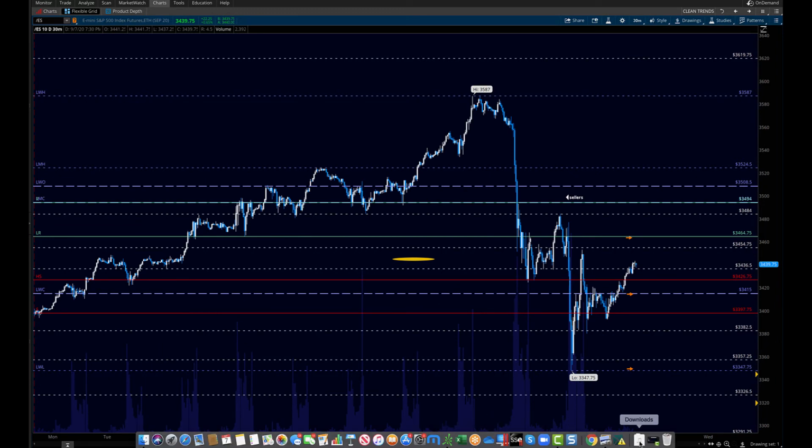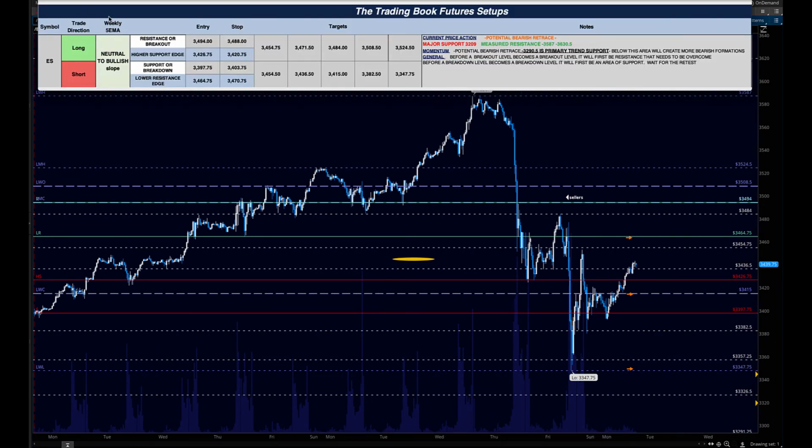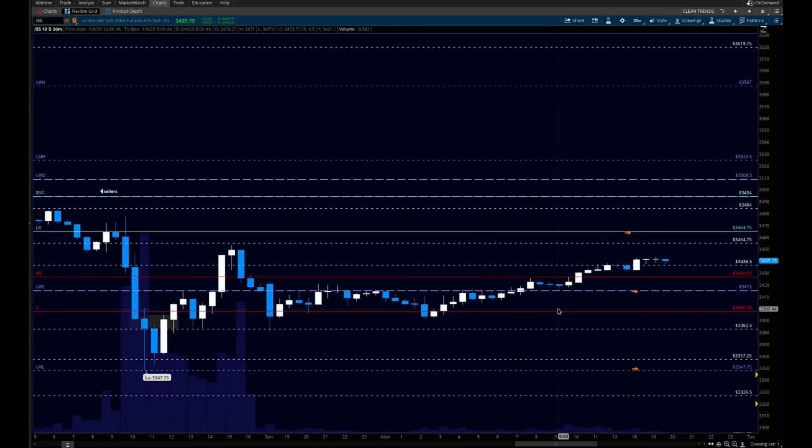It has to do with what I'm telling you the formation is. It's neutral to bullish. And in neutral to bullish formations, the first thing a price action event will do is try to recover old support zones the moment they're broken.